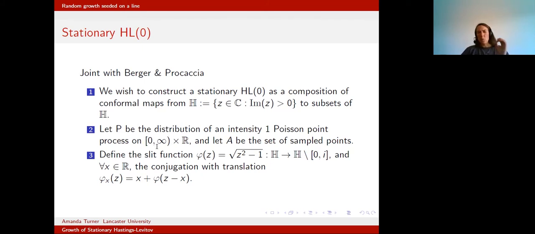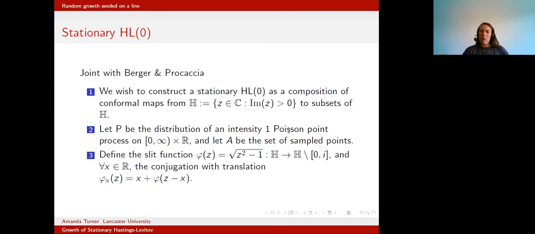And the idea would be that if a Poisson point was at position x at time t, at that point we want to grow a slit at position x of size 1. So the Poisson point process is going to capture the times of arrivals and the positions of arrivals. And because Poisson point processes are stationary in space, this should correspond to a generalization of picking uniformly on the unit disk.